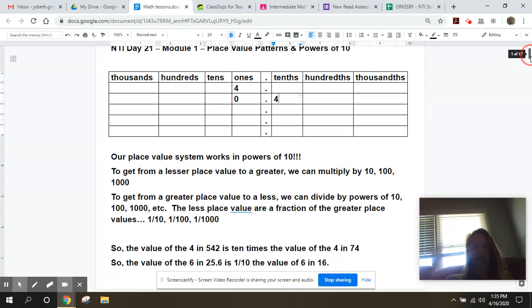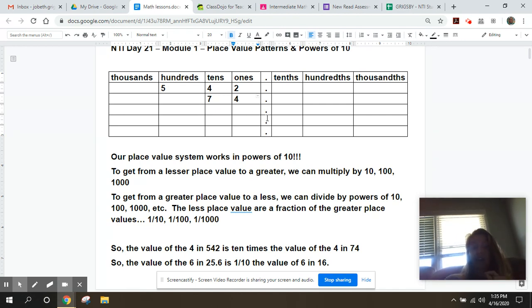If you notice, you can see some of my writing right here. I'll give you another example up here. Let's talk about a different number for a second. The value of 4 in 542 is 10 times the value of the 4 in 74. They're saying the value of this 4 is 10 times the value of this 4 because it is in a greater place value and it's one place value away from each other.